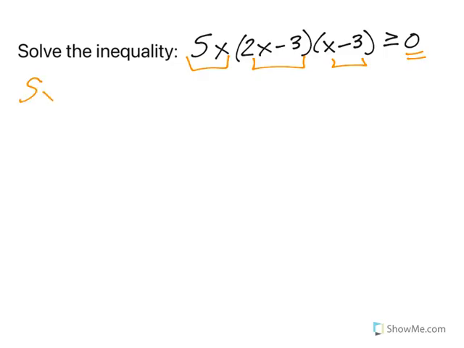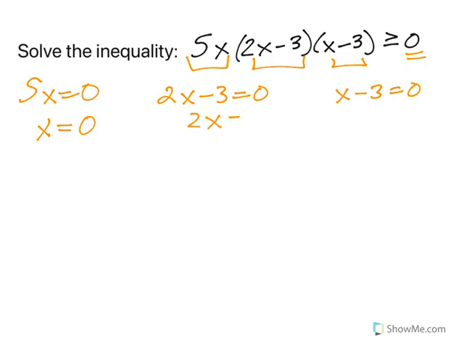If we set each of those equal to 0, those will be the zeros of our polynomial. If 5x equals 0, then x is 0. If 2x minus 3 equals 0, then x is 3 halves, which is the same as 1 1/2. And if x minus 3 equals 0, then x equals 3. So we have 3 zeros.